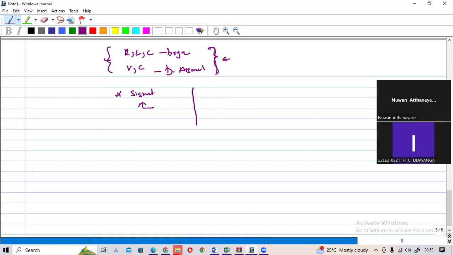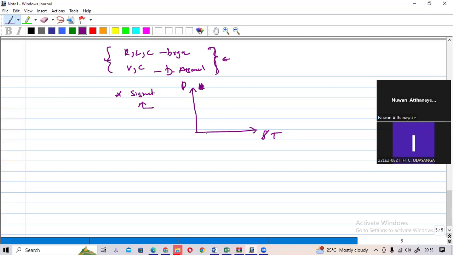Actually, signal is any physical parameter, any physical quantity, that is varying with another physical quantity. That is a signal. For example, one physical quantity may be temperature, another may be pressure.